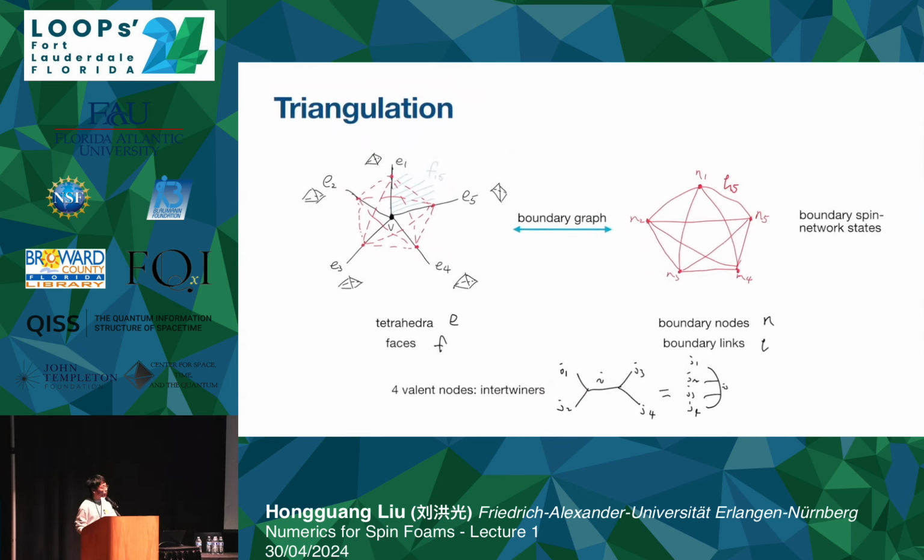Each edge is cut by a node, and each face is cut by a link. So here is the cut, if you want. And if you write out the cut, it gives you this very nice diagram. You will always see this kind of diagram. And this is the boundary graph.